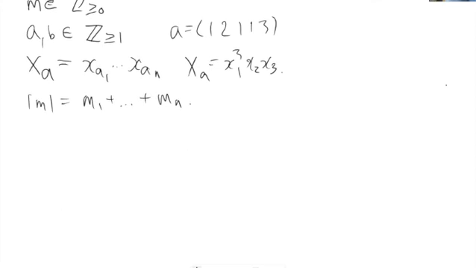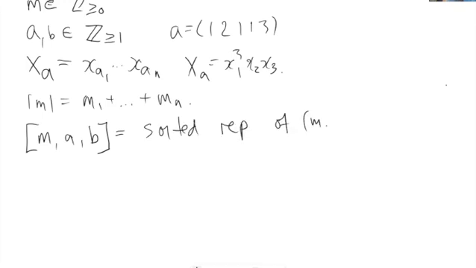So these brackets, the bracket of something like M, A, and B, means the sorted representative of the triple M, A, B in the left coset S of right.